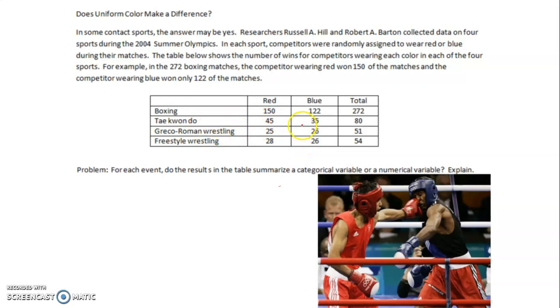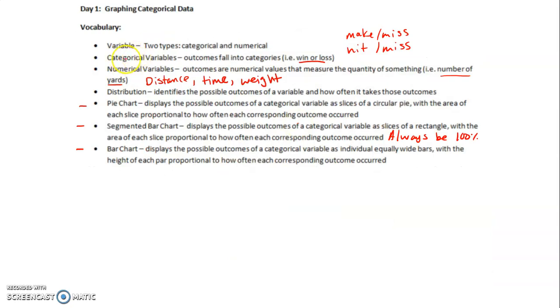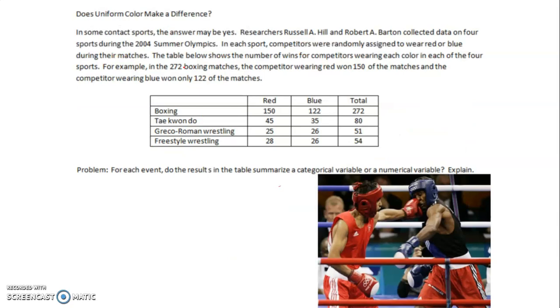And if you're still confused, remember, you can always go back to our vocab. So look at categorical, outcomes in categories, numerical is numbers. So in this case, this is what would be a categorical variable.